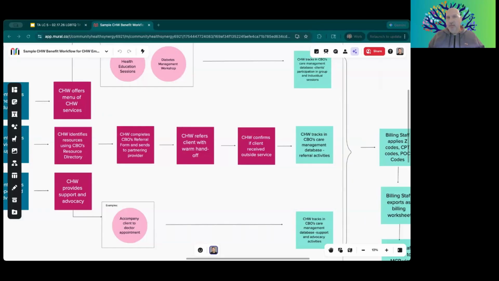Because I was told there's a distinction between when we provide our mental health counseling services, which are reimbursed on a per session basis, whereas supporting patients through the CHW type of service is more like you get reimbursed on a per patient per month basis.